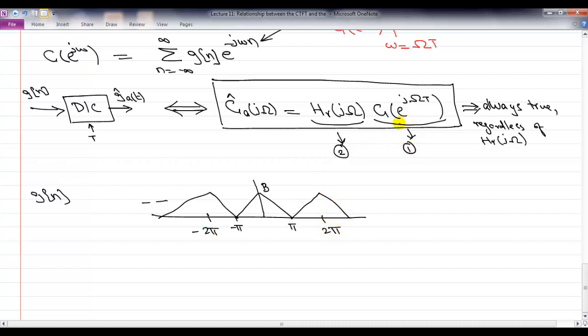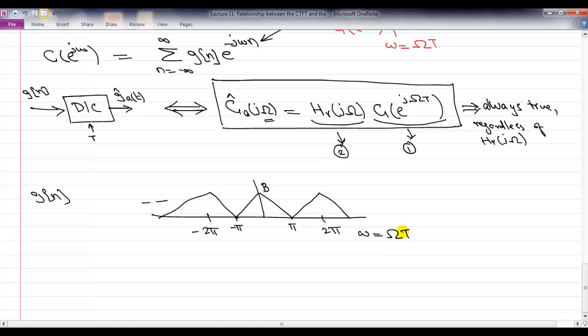So the first step is saying what? This is the little omega axis. The first step is saying you replace the little omega axis by capital omega T. Now at the end of the day, you want something which is a function of only capital omega. So what do you do then? You scale to get from little omega equal to capital omega T to capital omega.